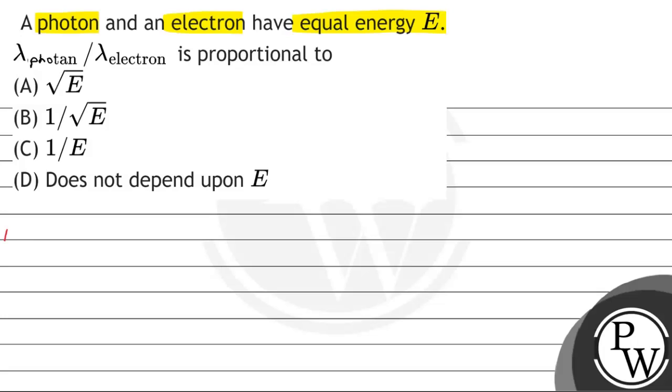First, students, please note the key concept of this question, which says that the energy of photon is given by E equals hc upon lambda, where lambda represents wavelength of that photon.